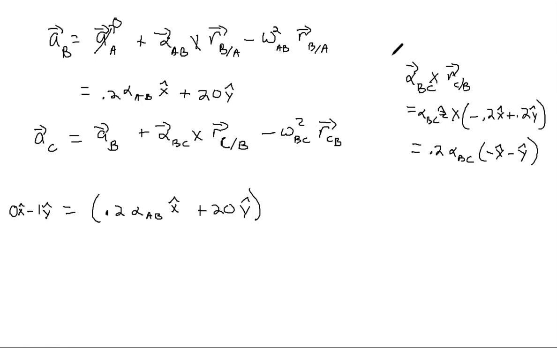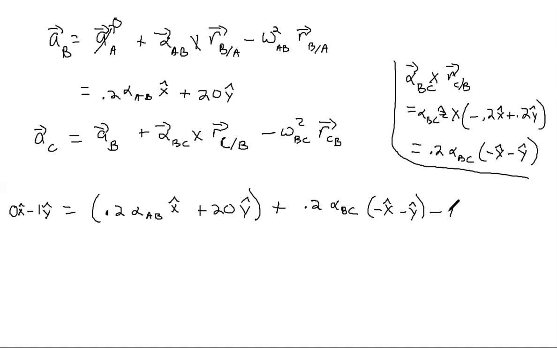So then that was just an aside. So that becomes plus 0.2 alpha BC times negative x hat minus y hat. And I have to do minus omega squared BC, but we found that to be 10, so minus 100 times the same vector.